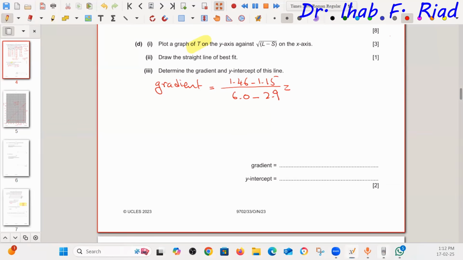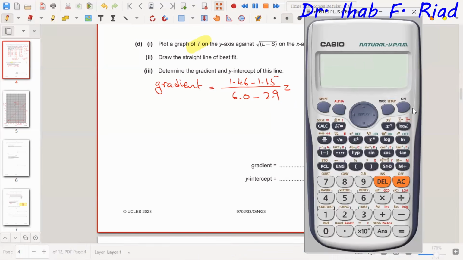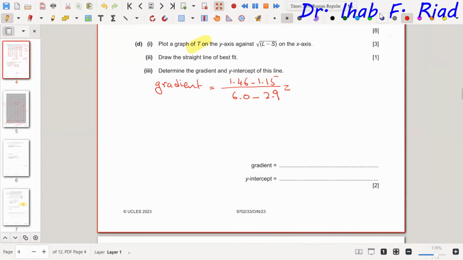If I do the math, let me check it. 1.46 minus 1.15 divide 6 minus 2.9. It is 0.1. This is the gradient.